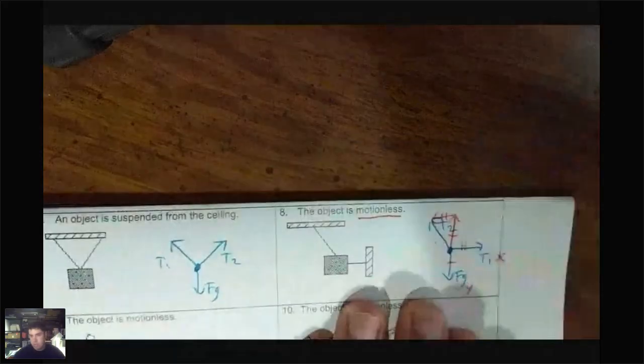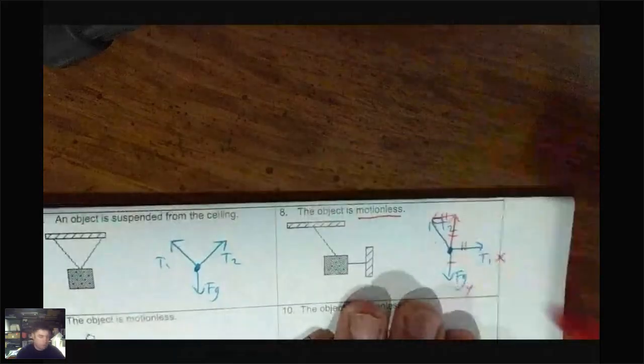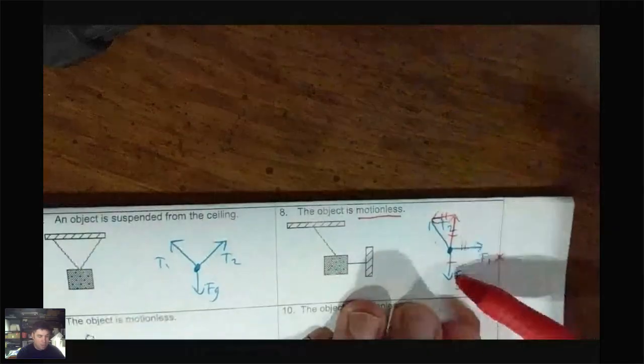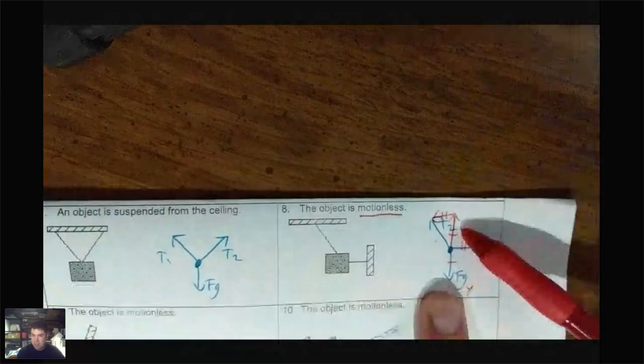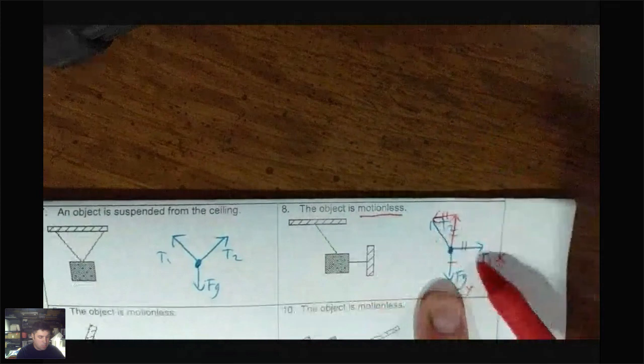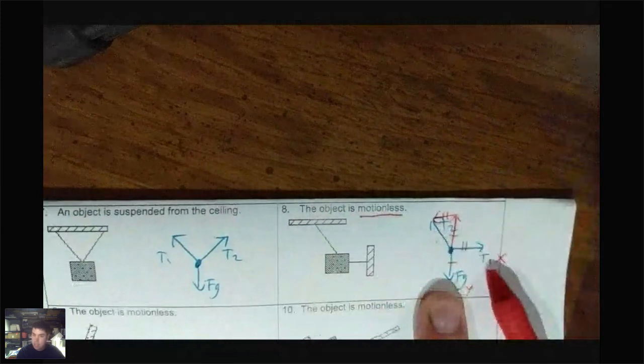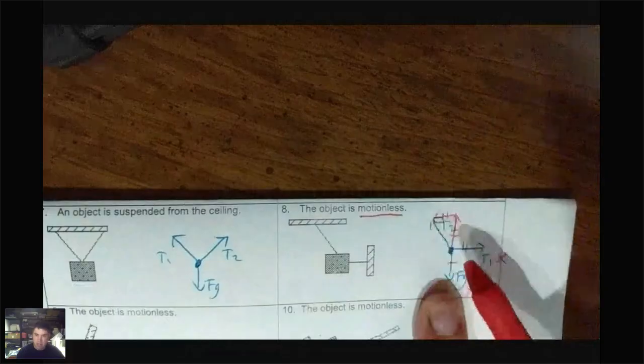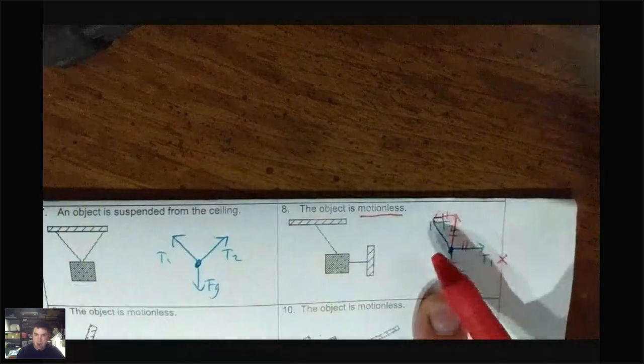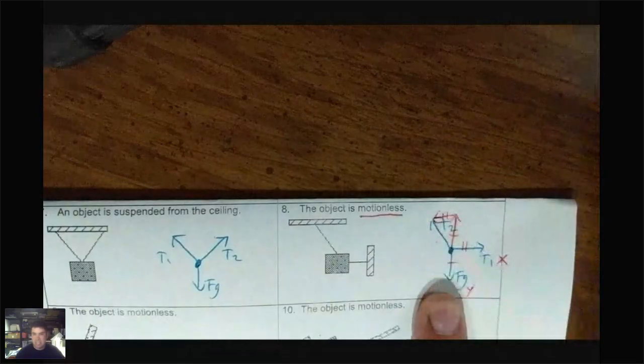All right, so you have a right triangle here where one leg is equal to the weight of the object, the other leg is equal to the horizontal force, and in a right triangle, the hypotenuse always has to be the longest side.